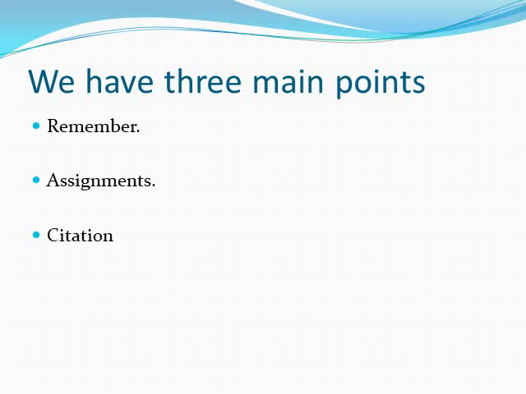I have explained the assignments in the previous section, but I'm not sure if you have circulated the details, so I'm going to repeat it in this section. The third and most important part in this section is related to citation, how to make citations in your assignments. So I have prepared this PowerPoint for you.